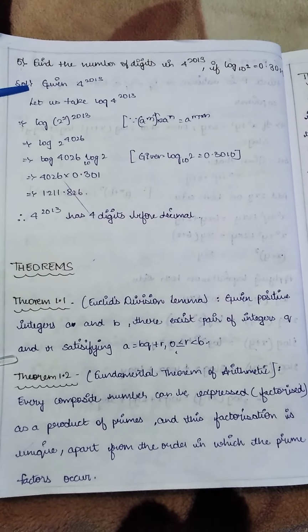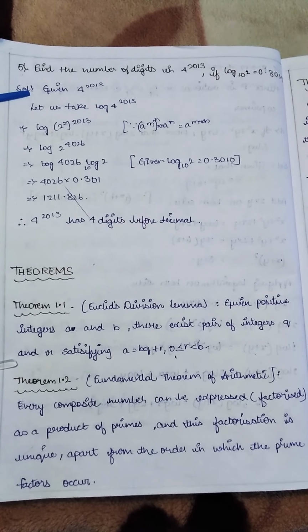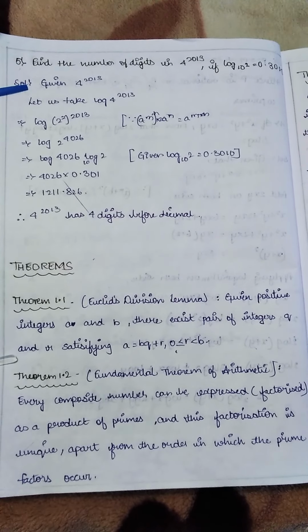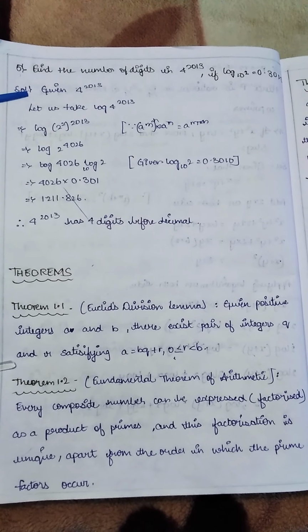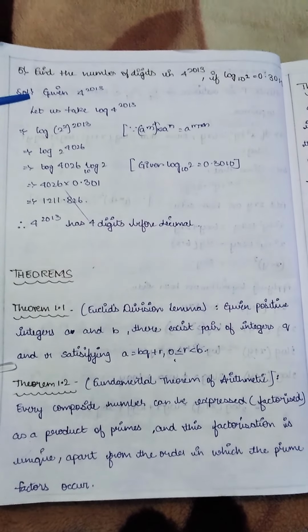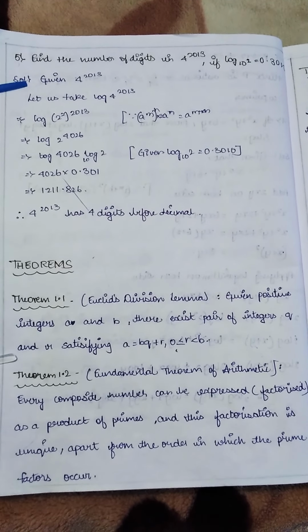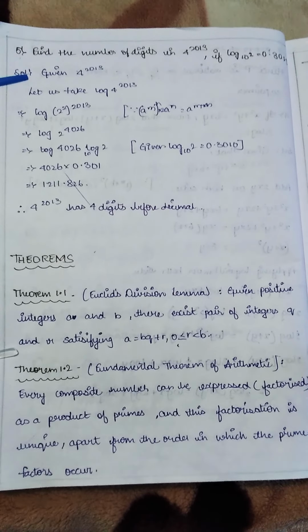Coming to theorem 1.2, the fundamental theorem of arithmetic. Every composite number can be expressed, that is factorized, as a product of primes, and this factorization is unique apart from the order in which the prime factors occur. We have already had a problem based on this theorem.